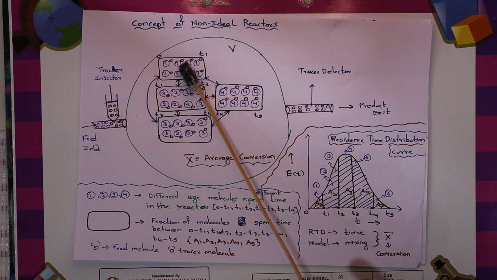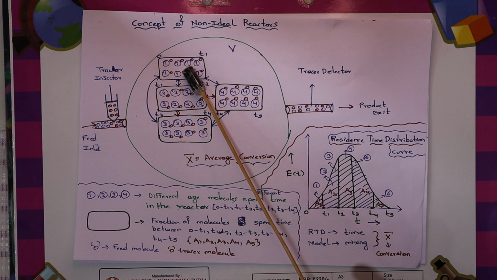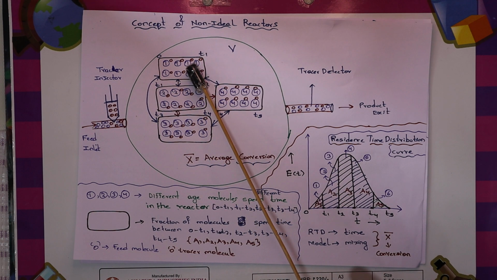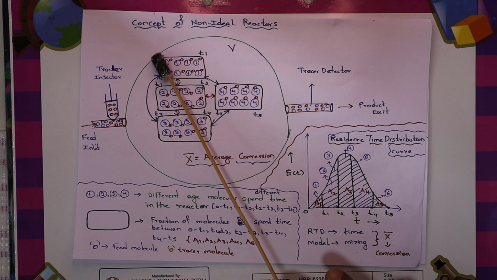If this particular fraction does not interact with any of the other age molecules, the conversion from this age can be estimated using a batch reactor that spends time 0 to T1. So the conversion from age 1 can be estimated assuming that this is a batch reactor.